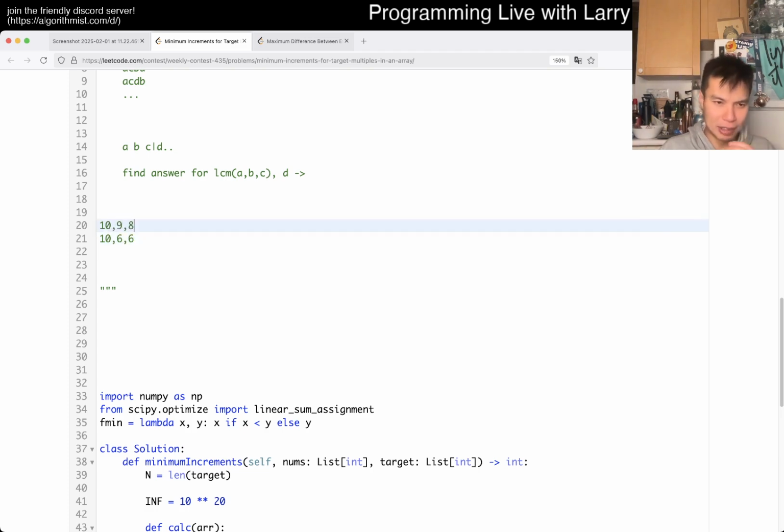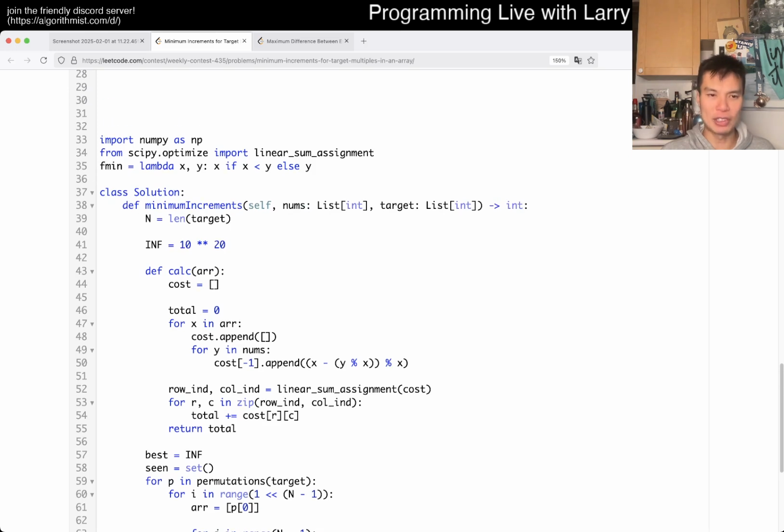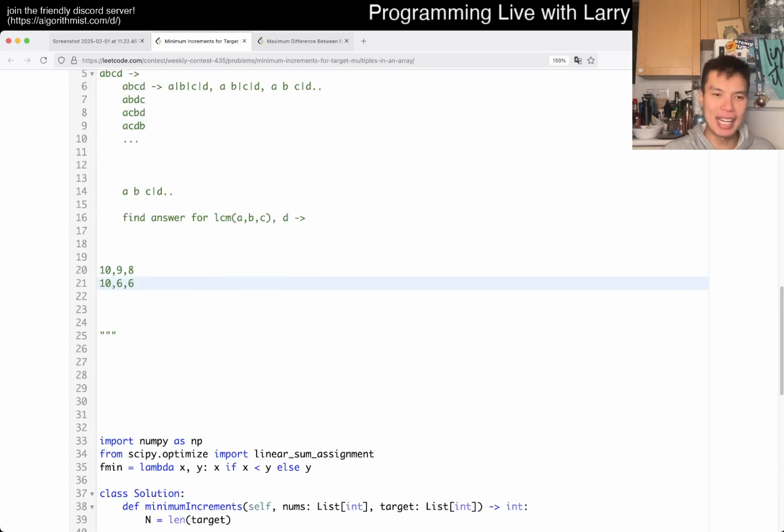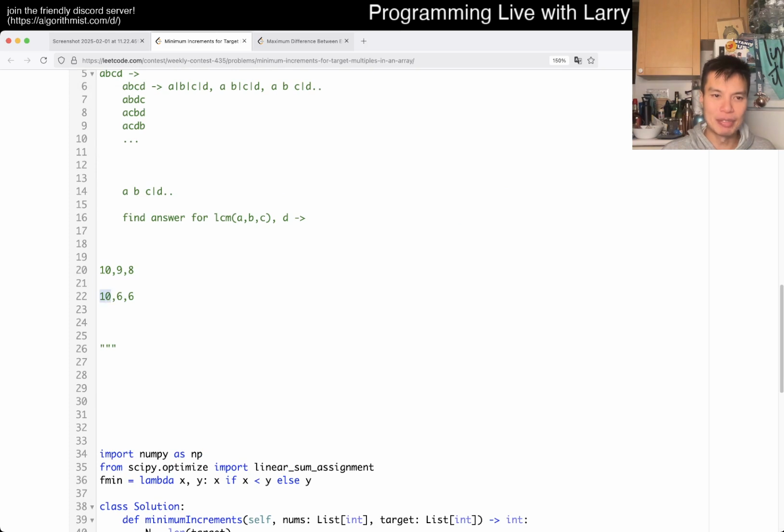The reason why it was wrong was that I just had a for loop that took the best, but what happened was that I matched this 10 with this 10 and this 6 also with the 10 by changing it to 12. But of course, if you change this to 12, then this no longer matches, right? So not the way to do it.